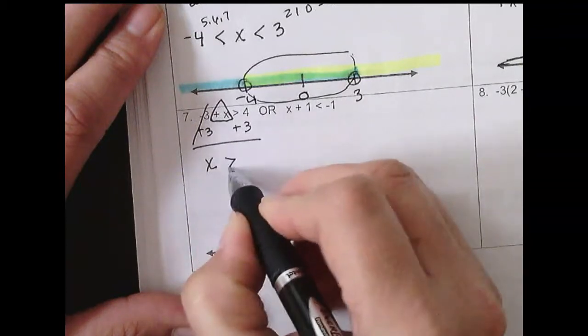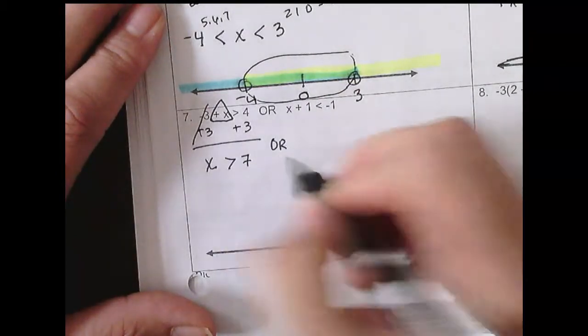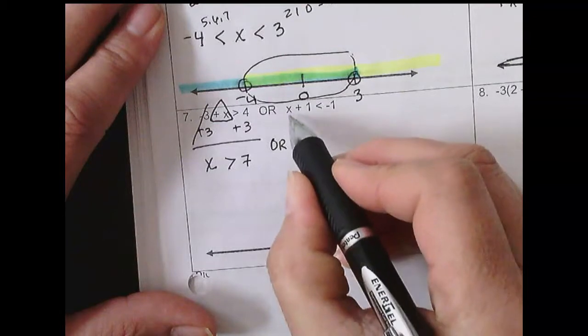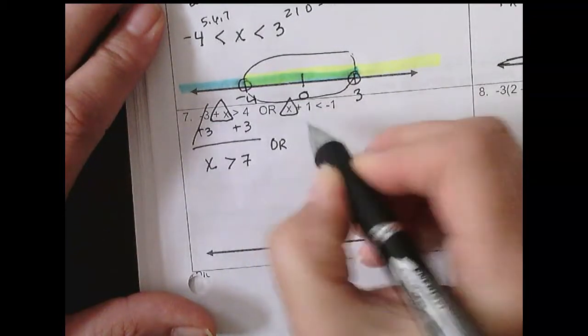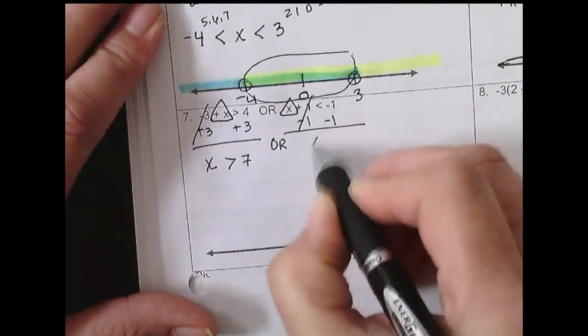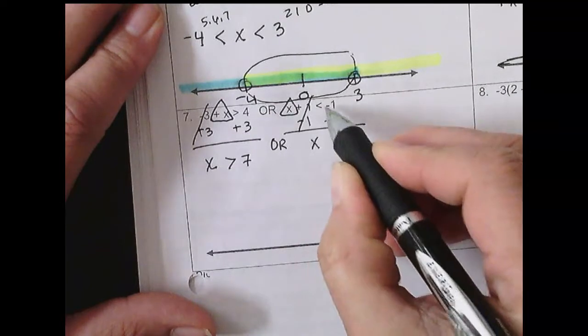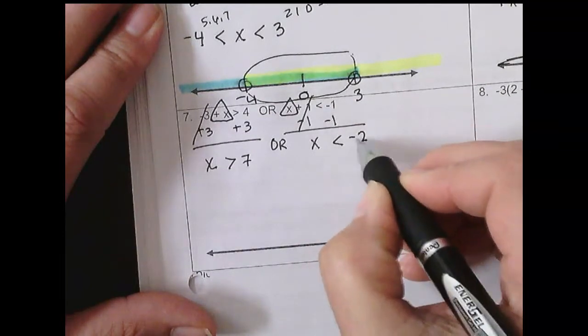X symbol 7. I didn't multiply or divide by negative, so it's perfect. I'm going to keep the word or. And then I'm going to do, and the x's here, -1, -1, 0. X symbol -2. Again, same sign, add, keep.